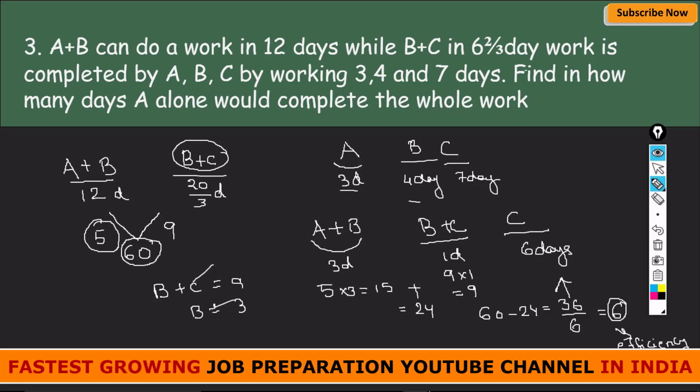By knowing the value of B, we can easily find out the value of A, that is 2. So A alone can do the work in 60 by 2, that comes to 30 days. So A will take 30 days to complete the entire work alone.